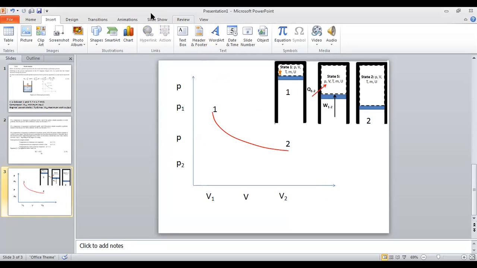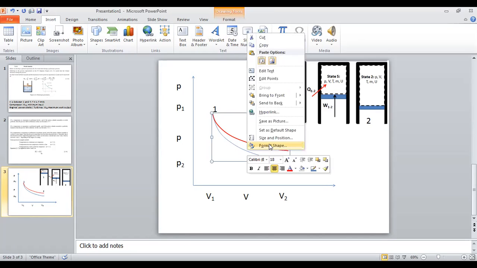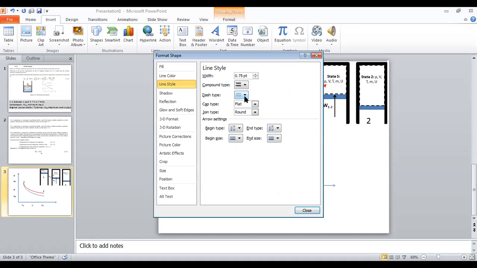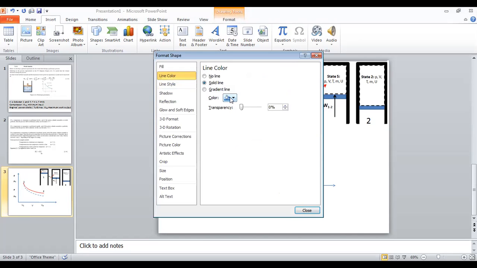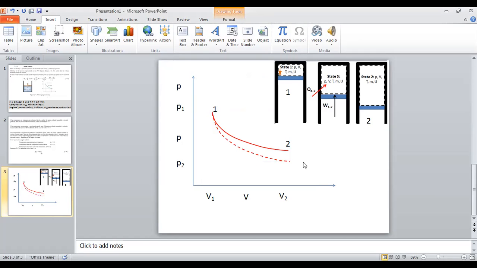Okay, and I will draw one more now. It's possible. One more here.